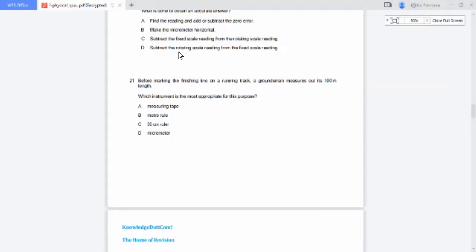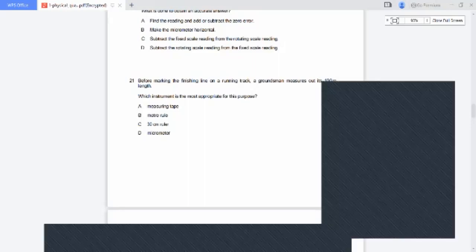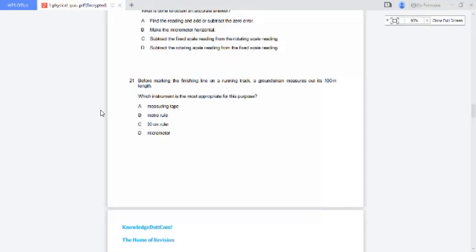a 30 centimeter ruler or micrometer. Measuring tape or meter rule, both look fine. So the best options look like measuring tape and meter rule.